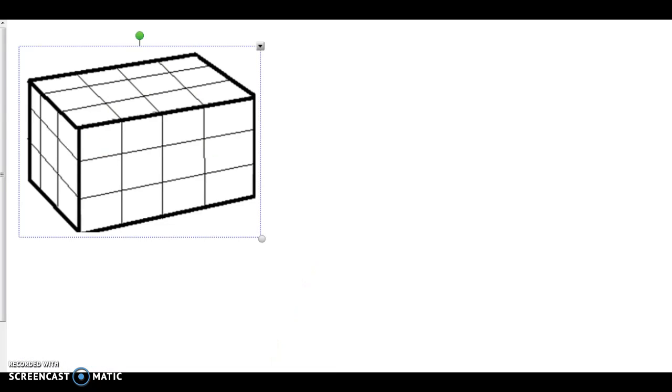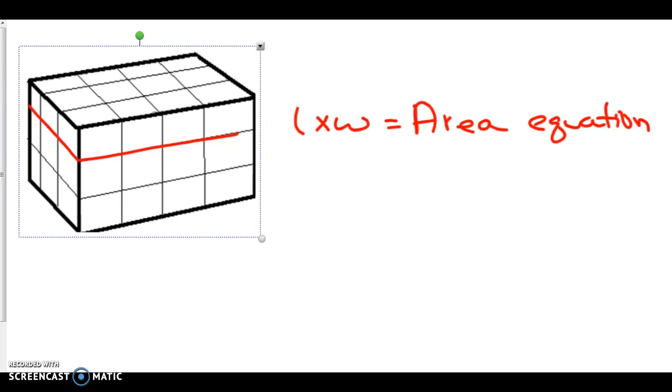It even works with rectangular prisms. We didn't talk about that being the volume equation, but really it is. Because the equation is length times width, which is the same as the area equation. And then what did we do?